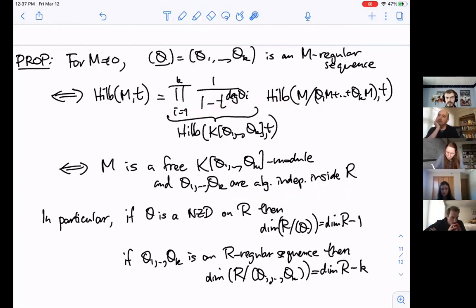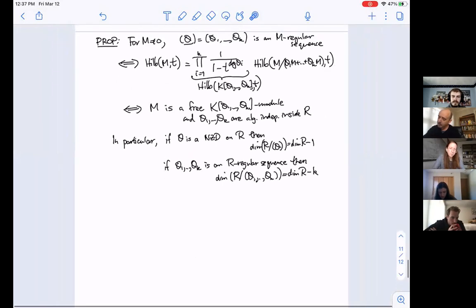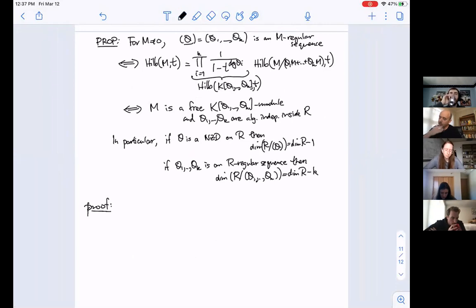Any questions about this? So let's leave the statement there for the moment and start proving it. What makes most sense is to work one theta at a time and see how the Hilbert series of M mod theta and M relate in general, whether or not it's a non-zero divisor.